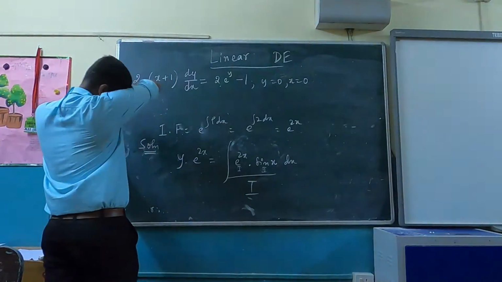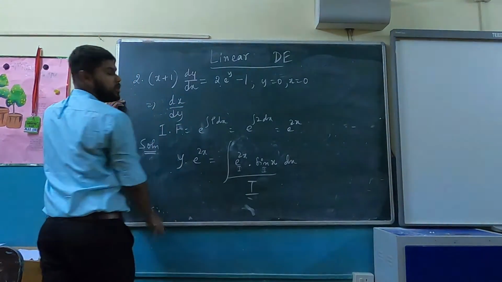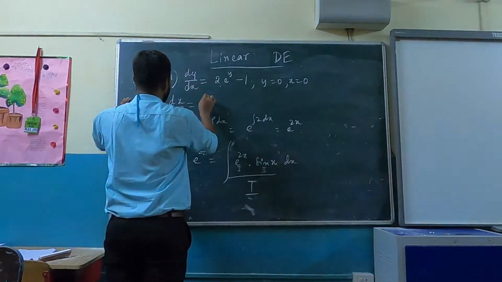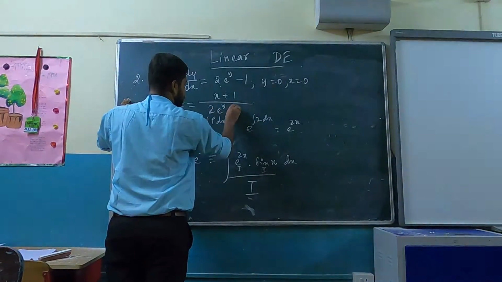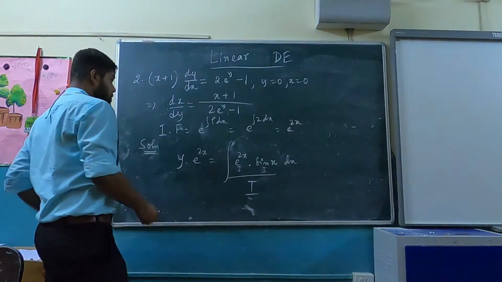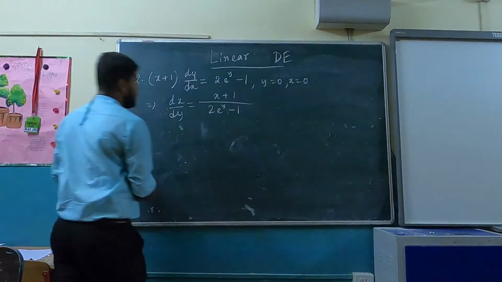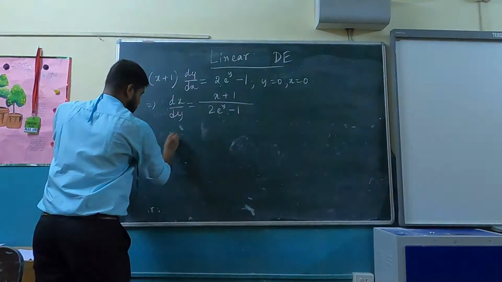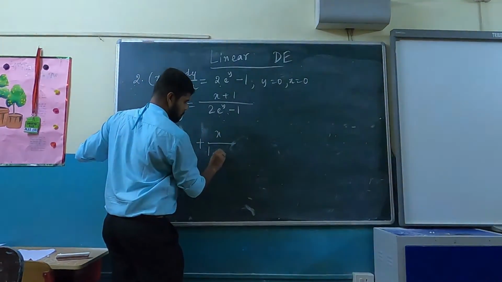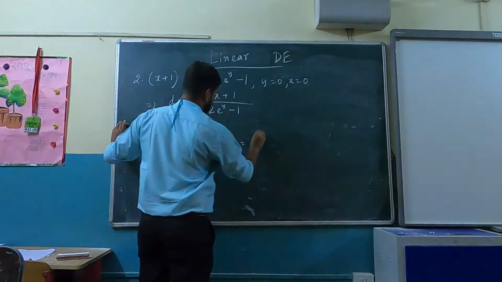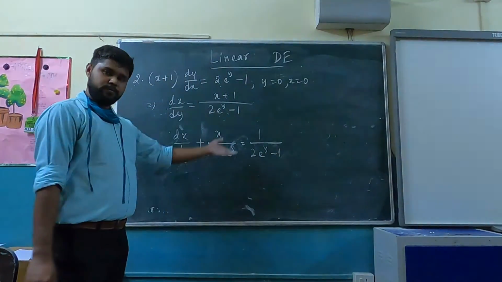Okay, so see this is dx by dy, that is equals to right.